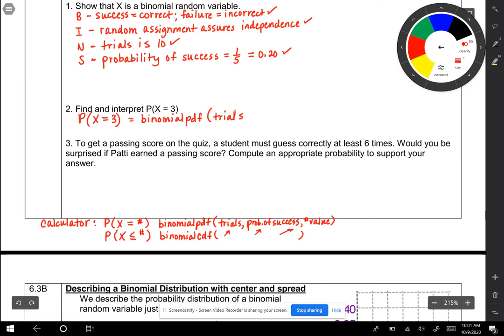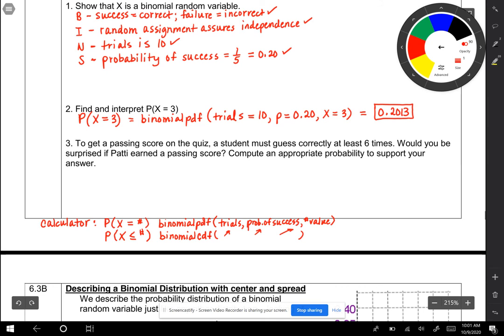I just didn't want to do it in 2 separate videos and mess it up. So trials equals 10. The probability of success equals 1/5 or 0.2. It's an exact decimal, so we're okay. And X equals 3. And that'll give us an answer of 0.2013.